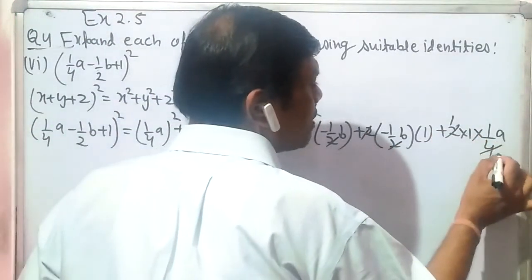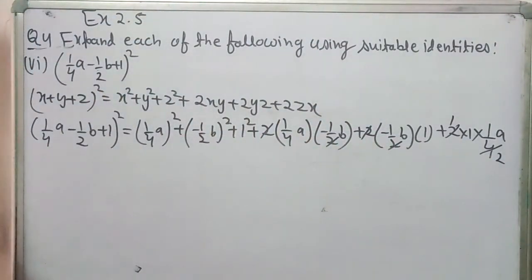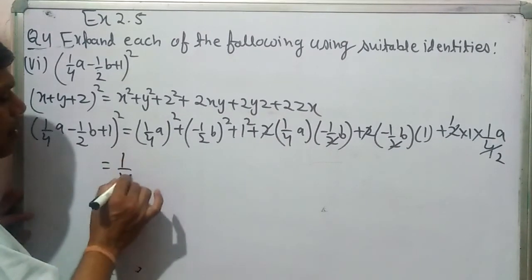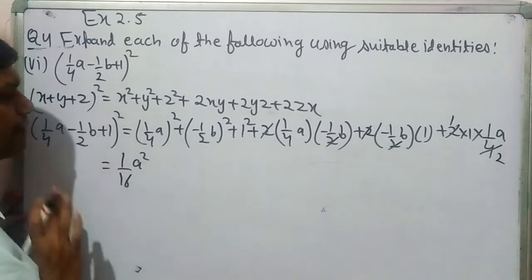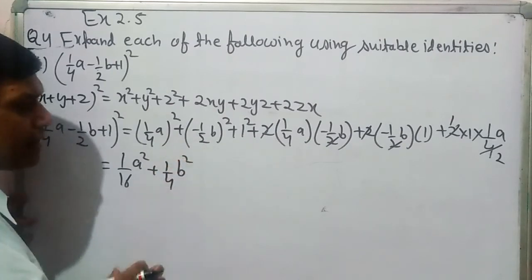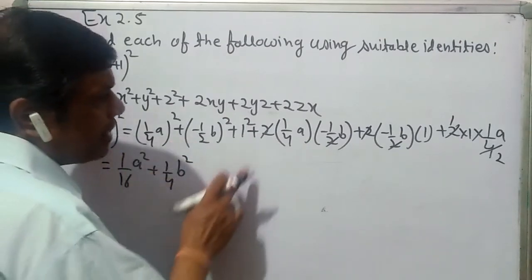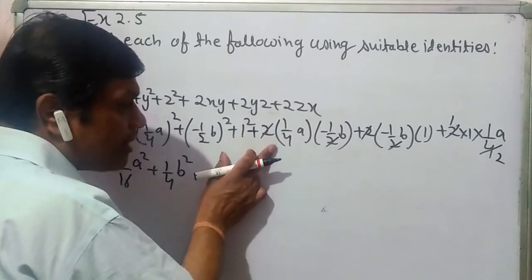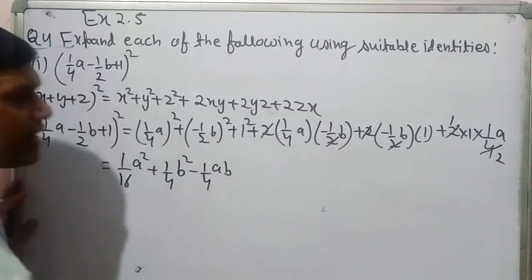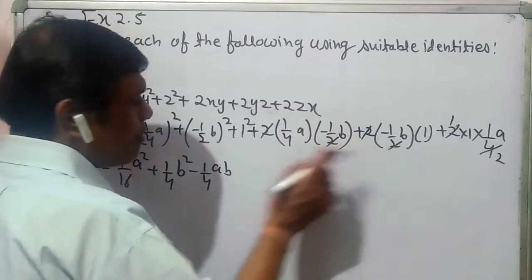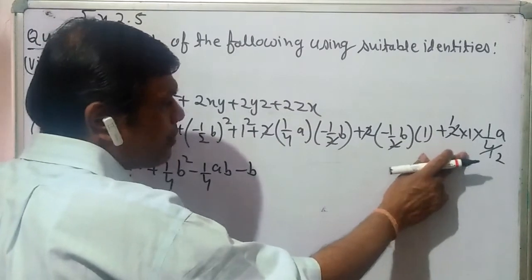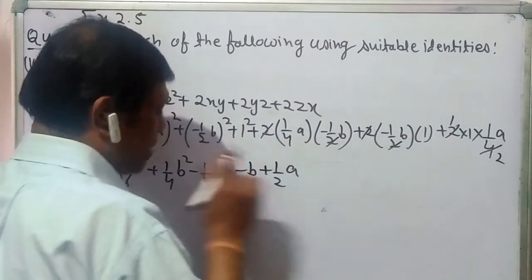Here we can cancel out 2, 1 twos are 2 and 2 twos are 4. Square and simplify. What we are going to get is 1 upon 16a square. 1 upon 4 square is 1 upon 16. Plus 1 upon 4b square. Squares are positive. Here what we have is 2 is cancelled, minus 1 upon 4, and a and b will be left. Here what we have? Only negative b. Here what we have is only 1 upon 2a plus 1 upon 2a.